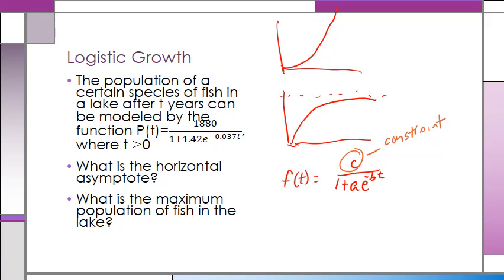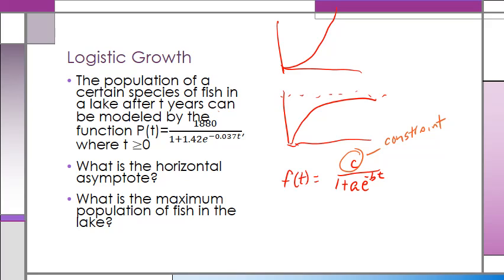So let's take a look at this problem. The population of a certain species of fish in a lake after t years can be modeled by the function p of t equals 1880 over 1 plus 1.42 times the natural base e raised to the power of negative 0.037t.